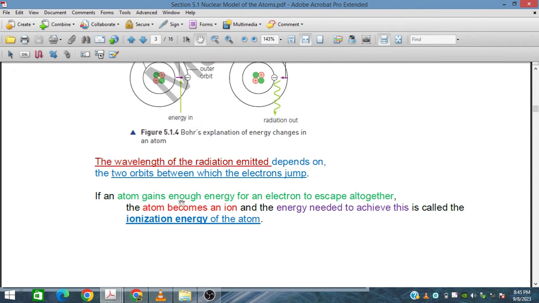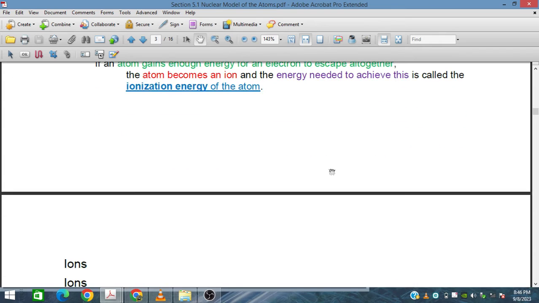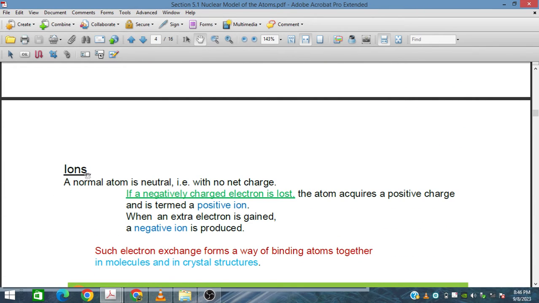If the atom gains enough energy for an electron to escape altogether, the atom becomes an ion. If the electron moves away from the atom, it becomes positively charged, and the energy required is called the ionization energy of the atom. A normal atom is neutral, with no net charge.